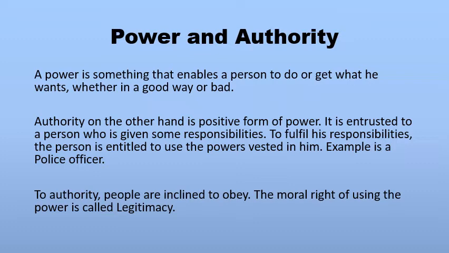The difference between power and authority is that if you use your power in a bad way, there will be confrontation and trouble. But if you are authorized to use this power, the other person cannot challenge you. The example is a police officer.